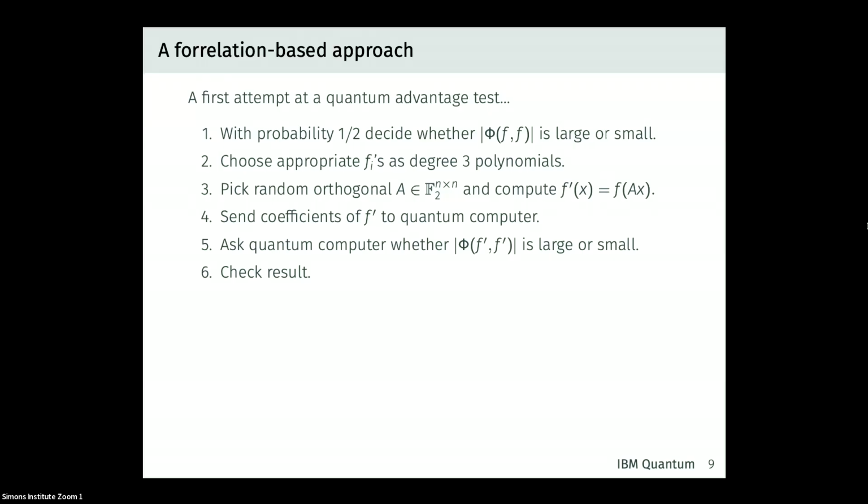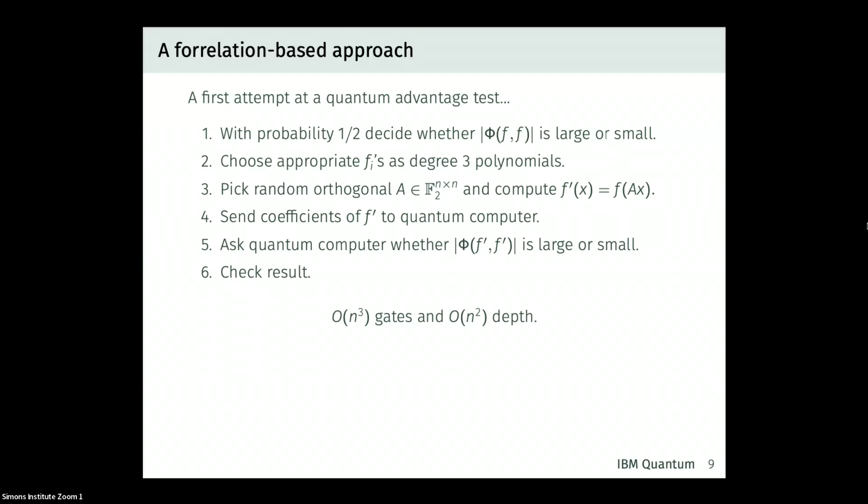The hope is that this orthogonal affine transformation is effectively hiding this product structure of f that we've constructed, so that if you're just given the obfuscated or scrambled thing, you don't actually know whether it was a small or a large value for forrelation. You don't know what the individual f_i's will be.